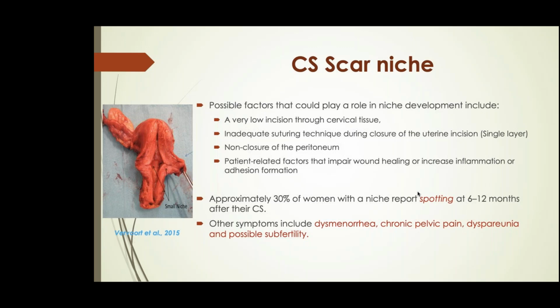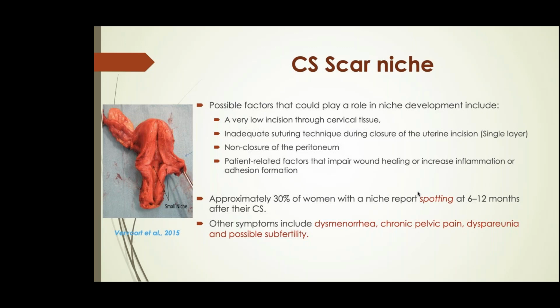In this respect, single layer closure has been implicated as a reason why the niche is formed. Of course, this needs to be studied on a wide scale, but for now, the possibility of formation of niche is increased with a single layer closure of the uterus.